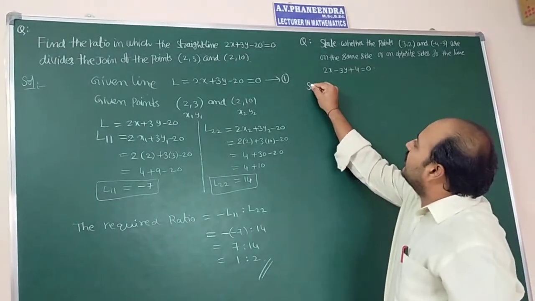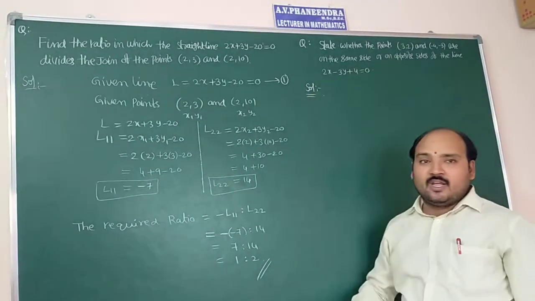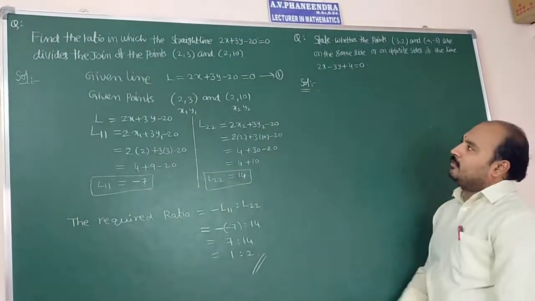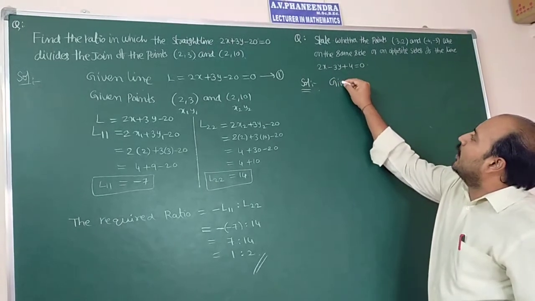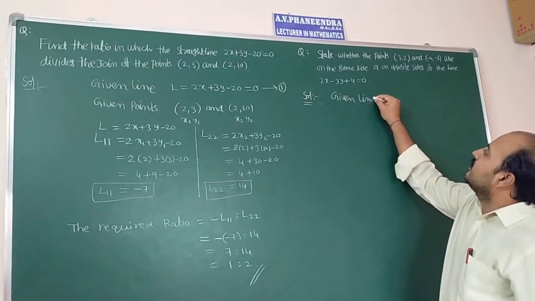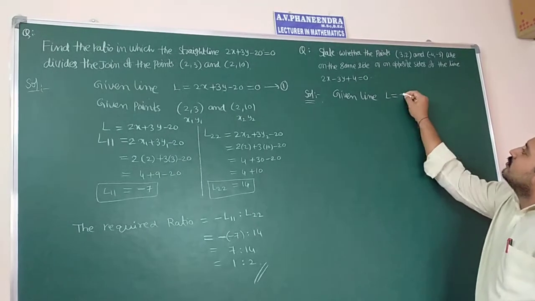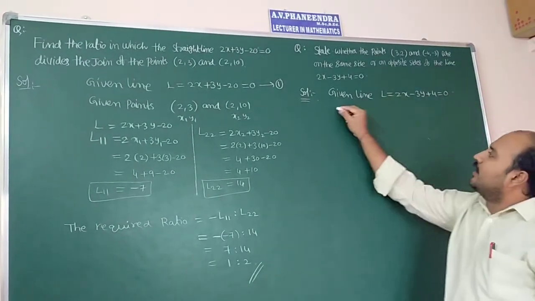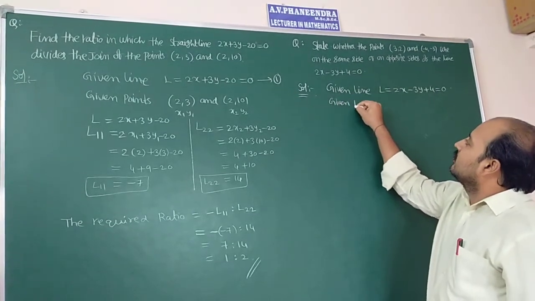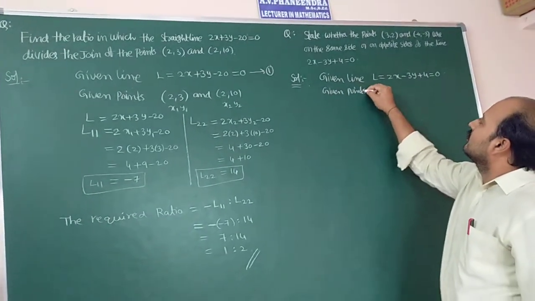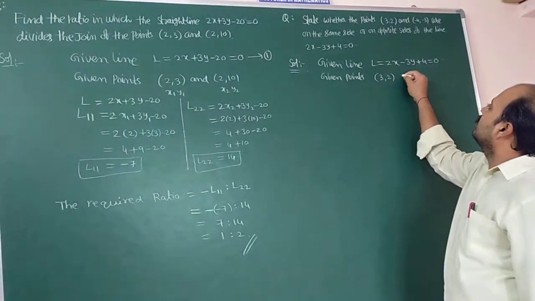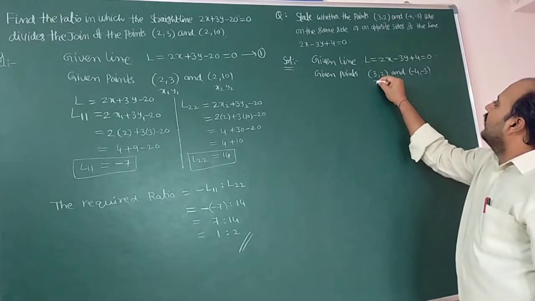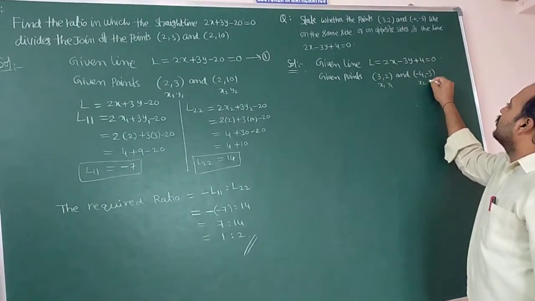To calculate whether it is same side or opposite side, we need to calculate the values of L11 and L22, like this problem. So first, given line L is equal to 2x minus 3y plus 4 equal to 0, and given points (3, 2) and (-4, -3), that is x1, y1 and x2, y2.